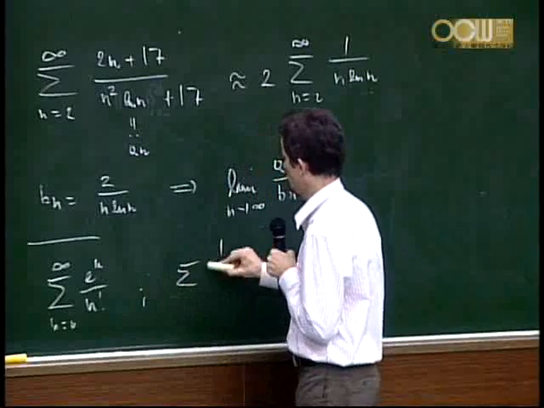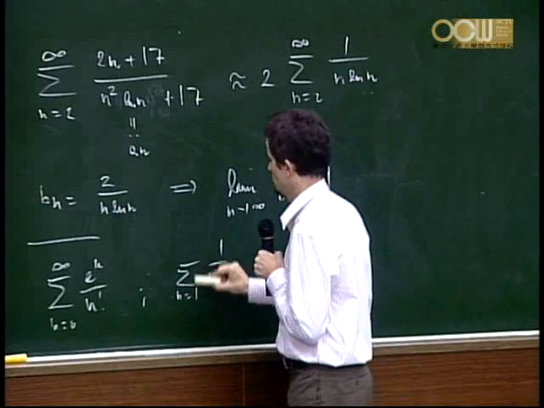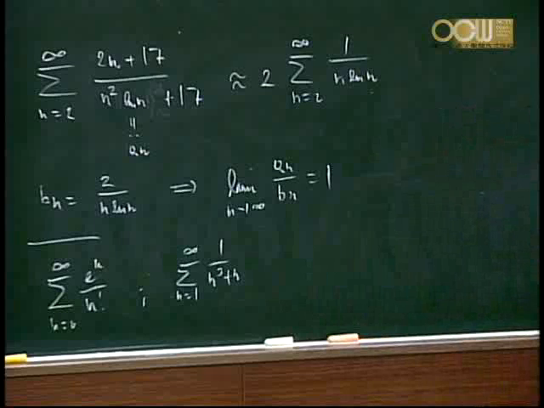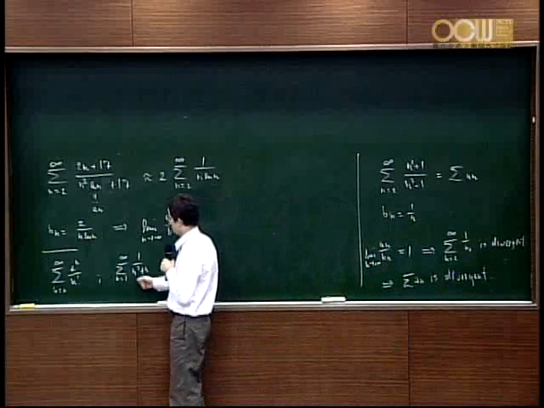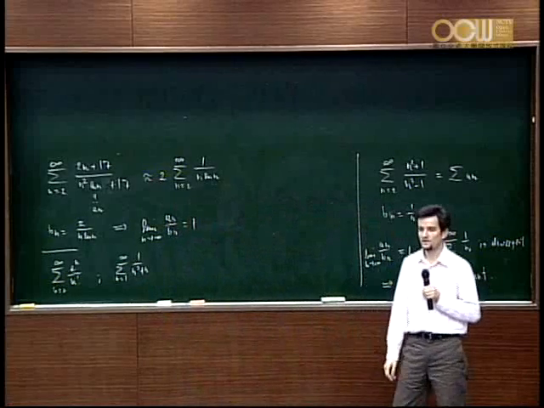So for this one, 1 over n cubed plus n, for this example here, we were able to derive that this series is convergent by using both the integral test and the comparison test.